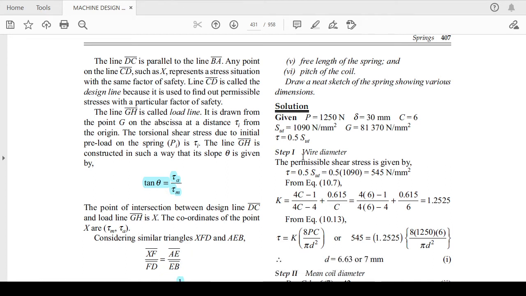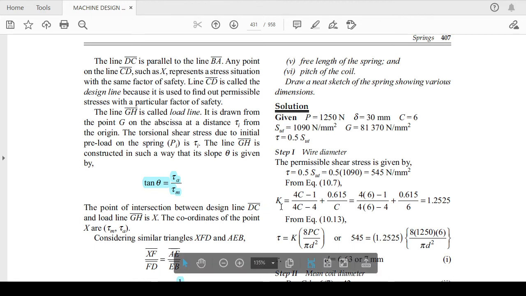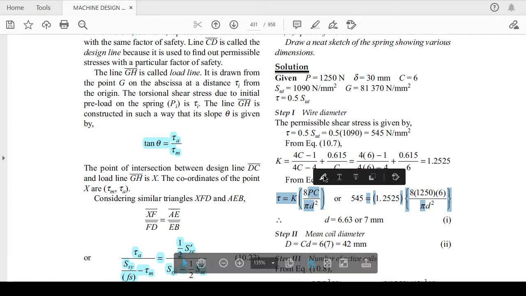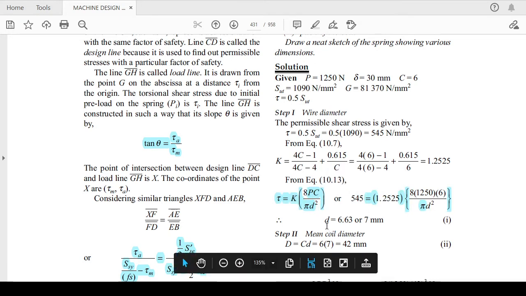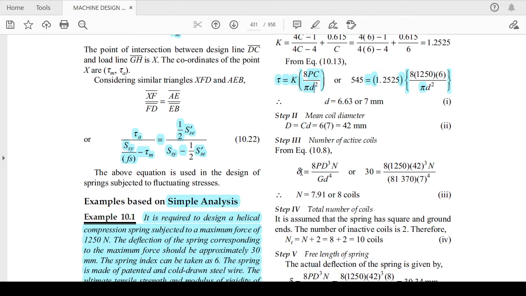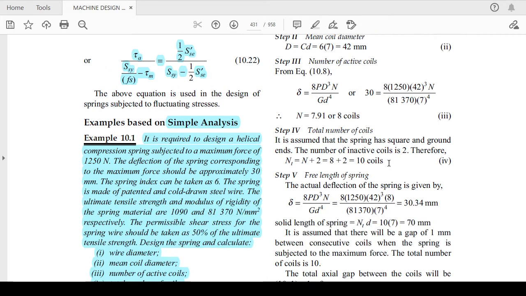First you calculate tau, which is 0.5 times SUT, then calculate Wahl's correction factor, and after that with the help of the equation tau equals 8PC divided by pi d cube, you can calculate the value of d, which is the wire diameter. After that you can calculate the mean coil diameter. Then delta, which is the deflection, is given in most cases. Then you can calculate the number of active coils, then the total number of coils and the free length.